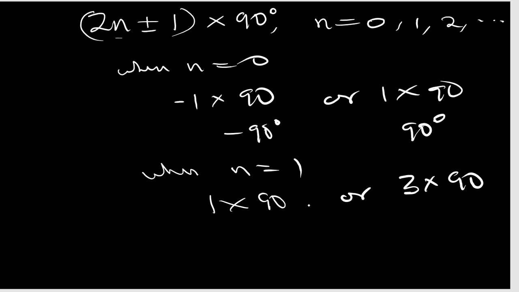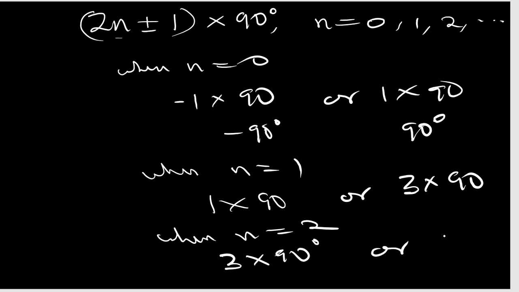Then when n is equal to 2, we are going to have 3 times 90 or 5 times 90. That is when we are using the plus. Let me indicate here we are using the minus in this column, and then we are using plus in this column. Remember, the formula is plus or minus.